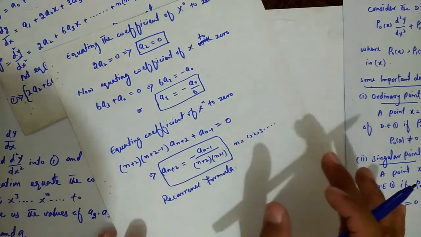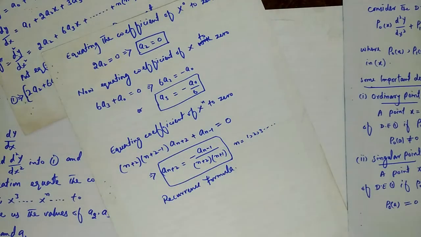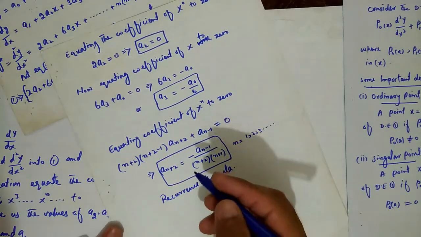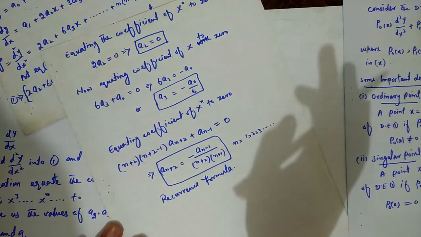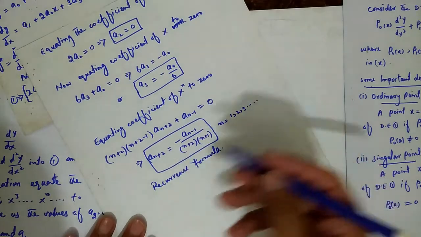So this is the formula by which we can find all the coefficients. So let's suppose we have found a0, a3, and now we are going to find a4.